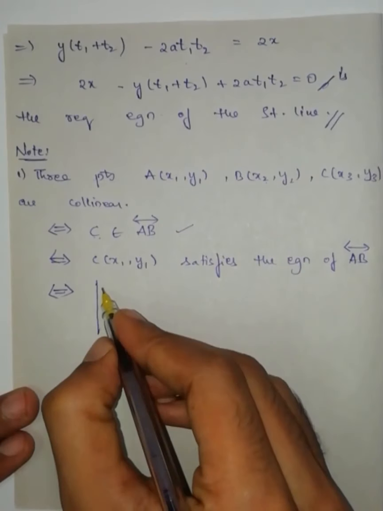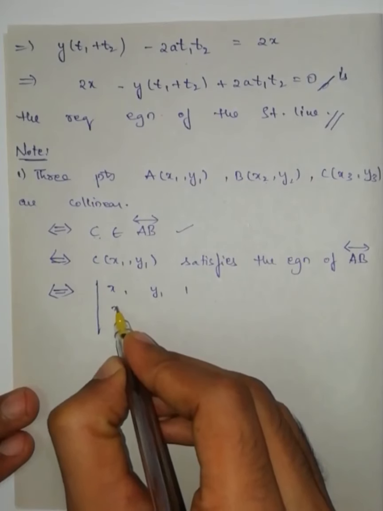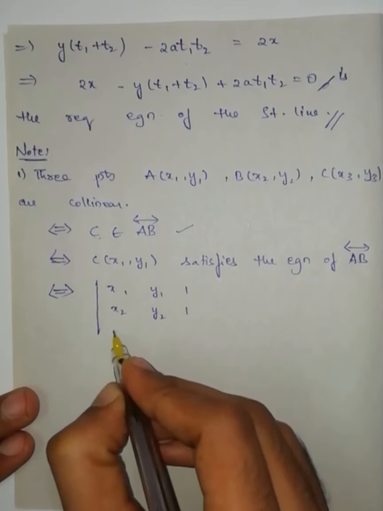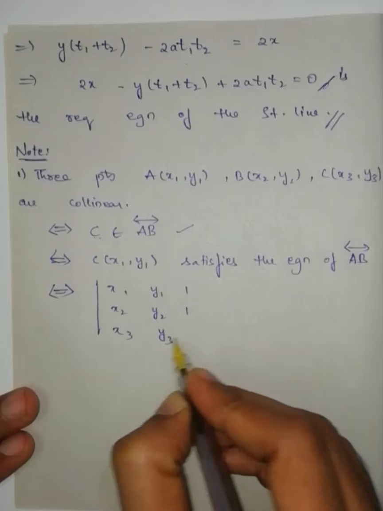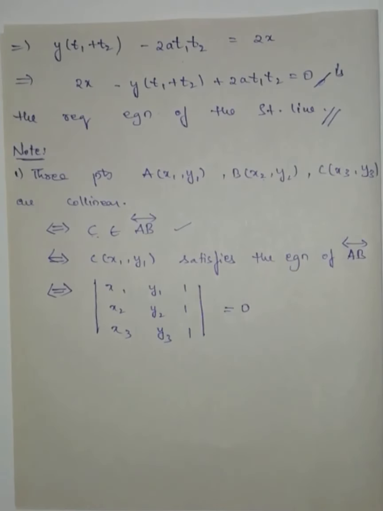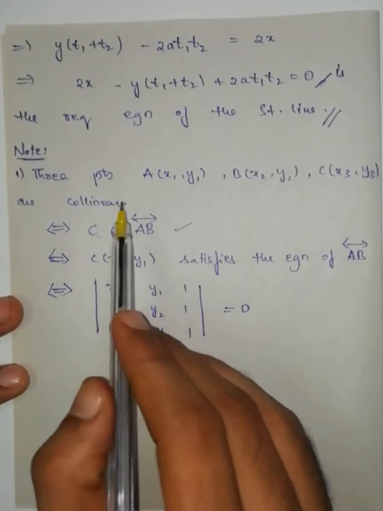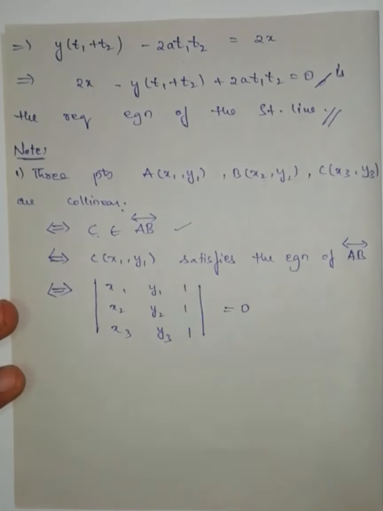Directly, if we find the determinant of x1, y1, 1, x2, y2, 1, x3, y3, 1, and we get 0, then also we can say that the 3 points are collinear. So now to say that 3 points are collinear, any one I can use.